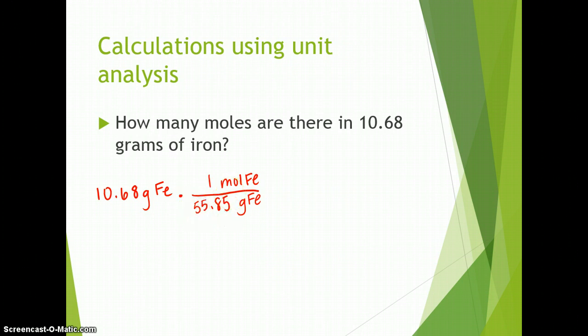And that's its molar mass. And then when I calculate it, I get 0.1912 moles of iron. And that's important to have all of those labels that I have on there. Grams of iron, moles of iron, and be very specific like that. I will be looking for that.